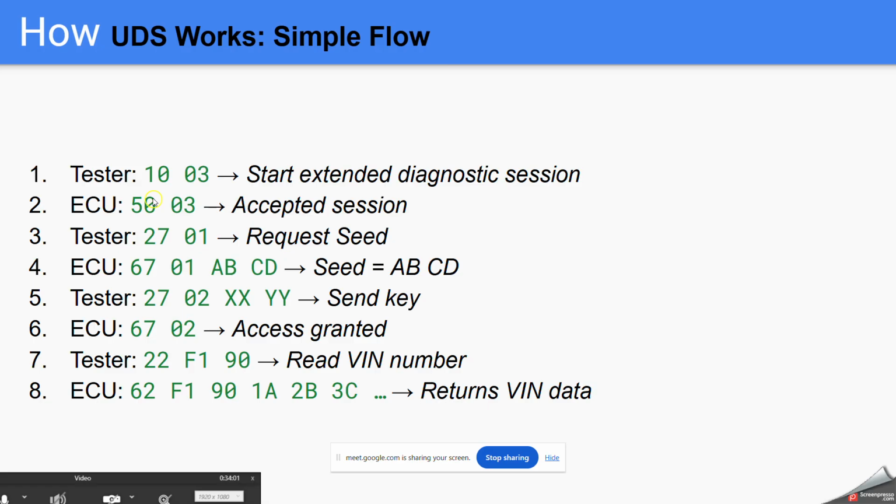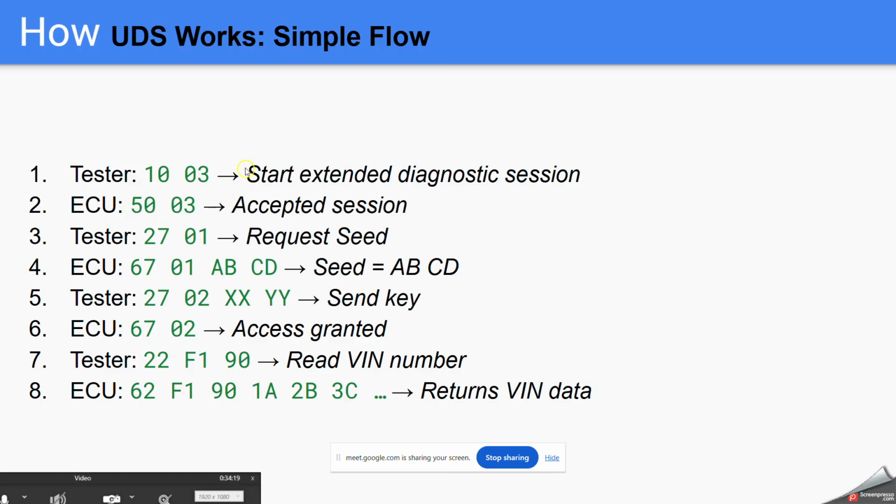So what happens is whenever you send a request, and whenever you get a response, it will add 0x40 in the response. So that's why 10 becomes 50, and 27 becomes 67. So it's just an indication that the ECU is responding.